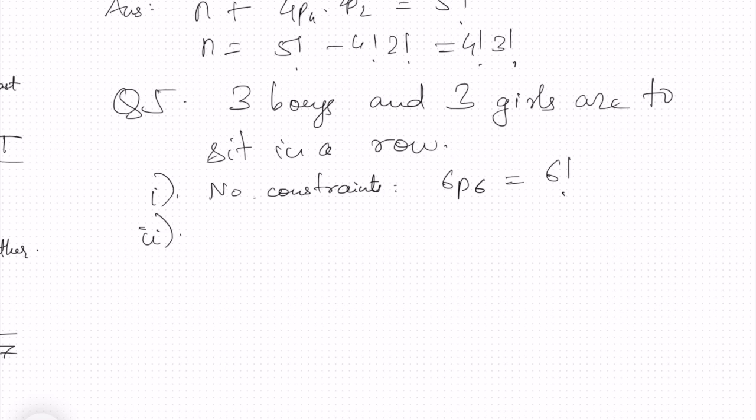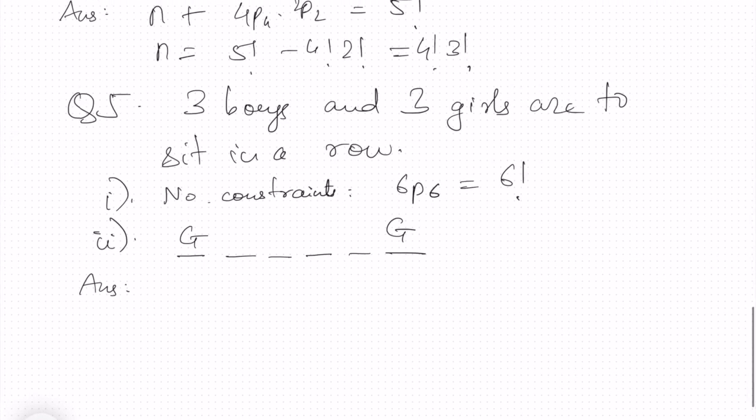If there is a girl at each end, so there are 6 places, right? And I place a girl at each end. Now the number of ways I can select these two girls who will be at the end is 3p2, right? The number of ways I can select and arrange those two girls at the end.